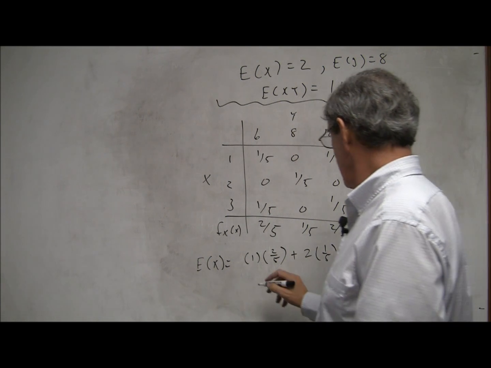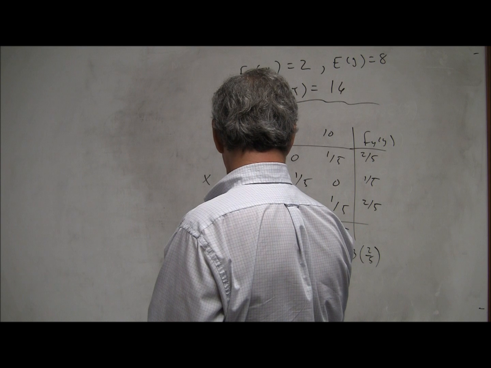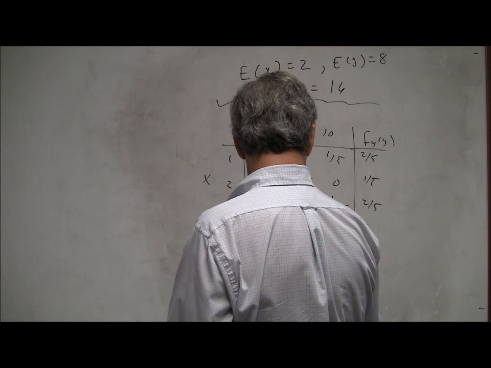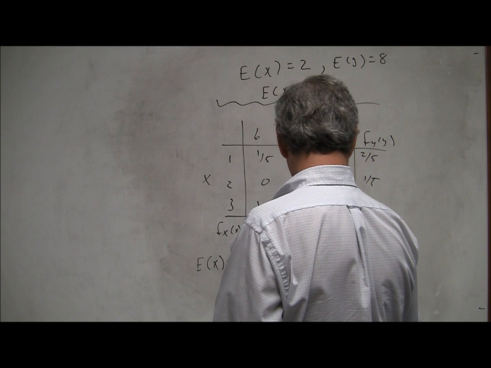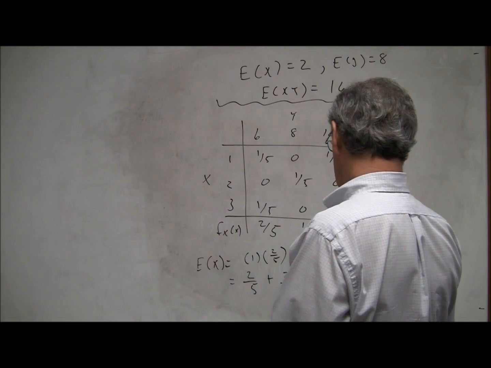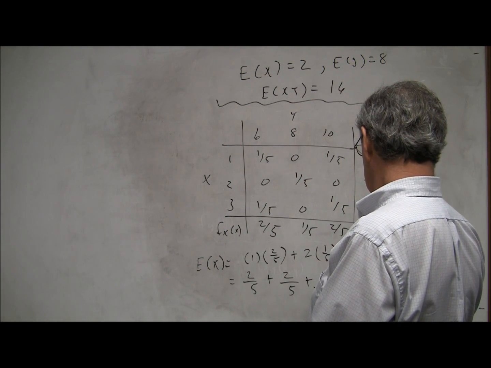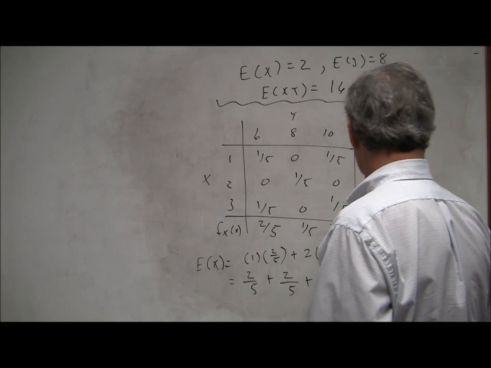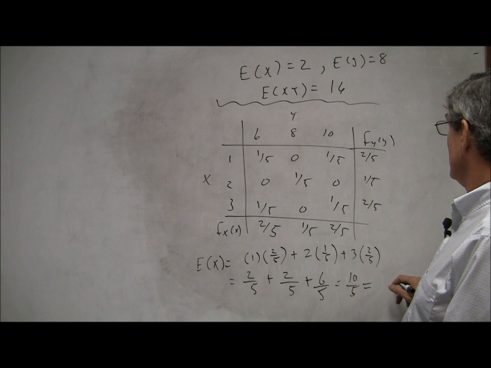So this is 2/5 plus 2/5 plus 6/5, which is equal to 10/5, which is equal to 2.